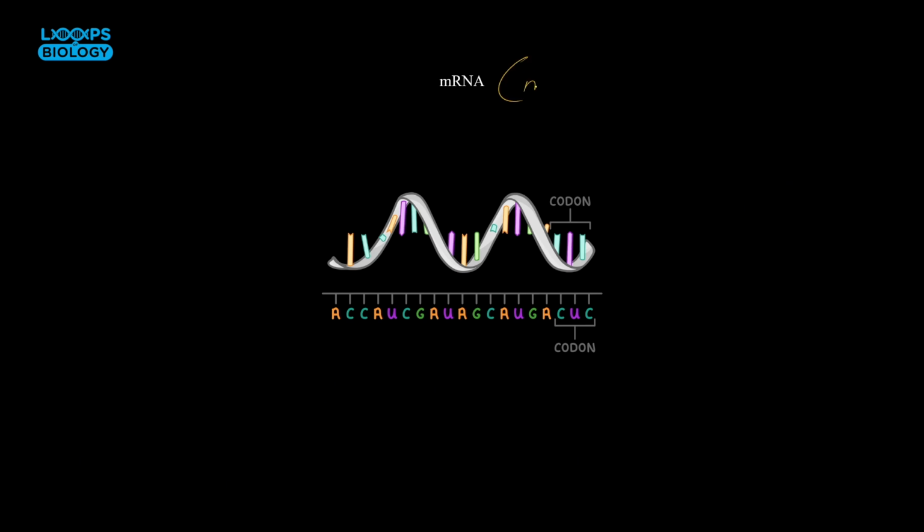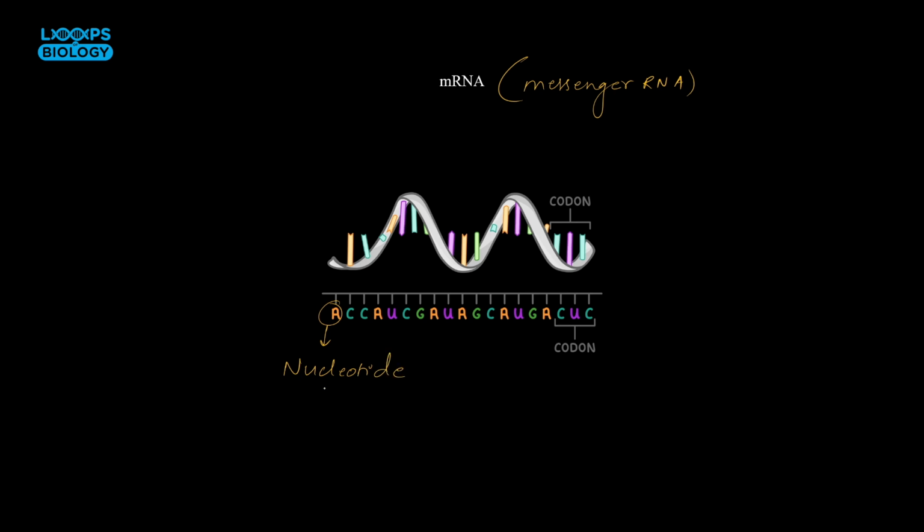The mRNA is basically your messenger RNA. This RNA is comprised of different nucleotides, as you can see, ACC, AU, CG, AU, AG. These are the set of nucleotides.